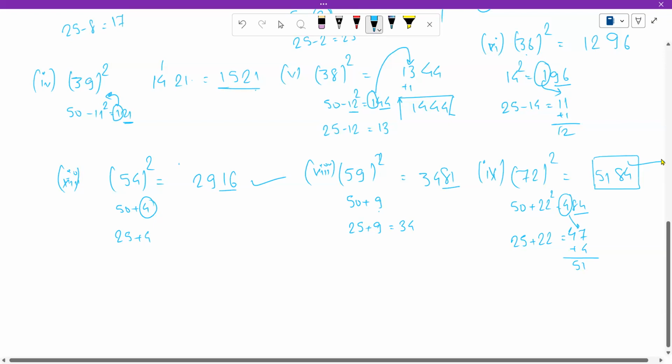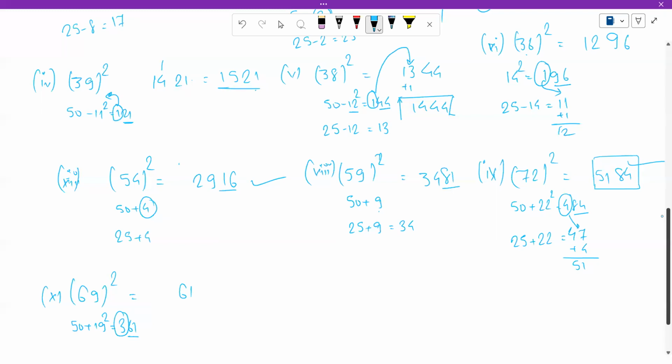Now, if I tell you to find the square of 69, this is my tenth example. It is 50 plus 19. What is 19 square? 361. So 61 will come here, and this 3 will carry over.